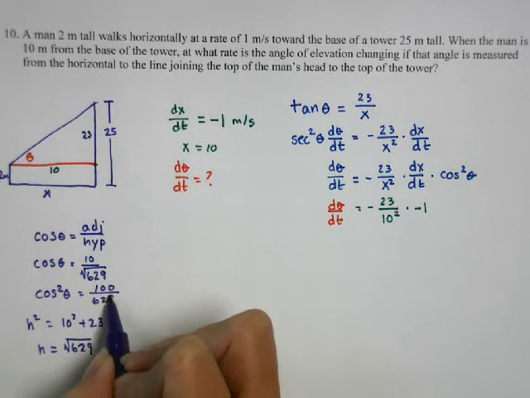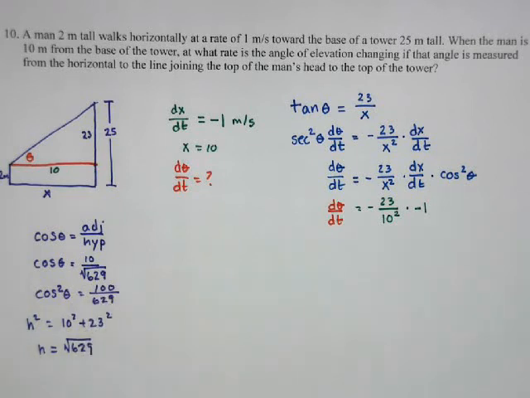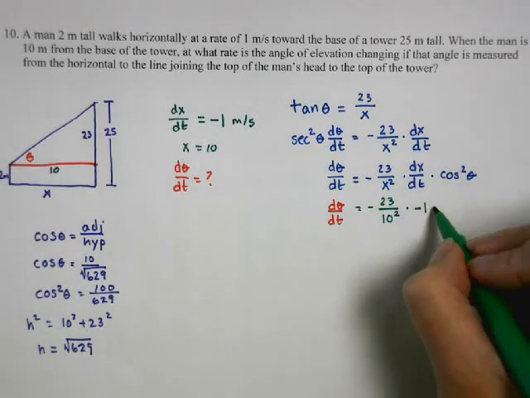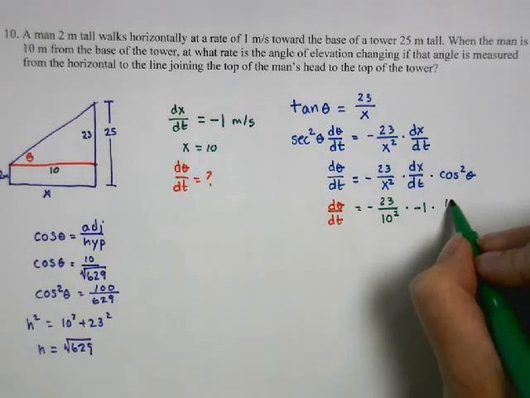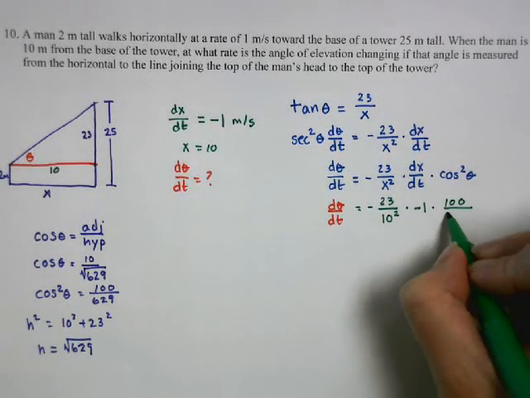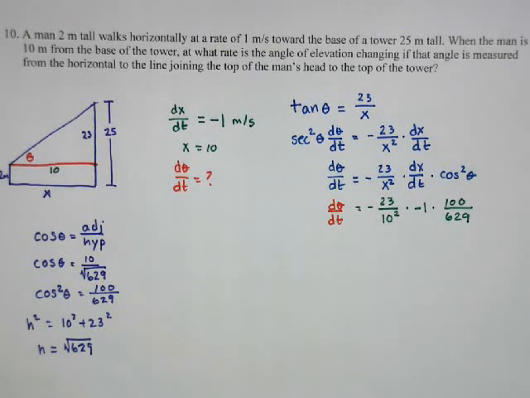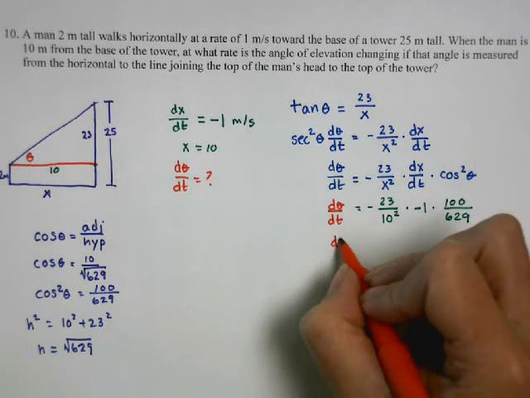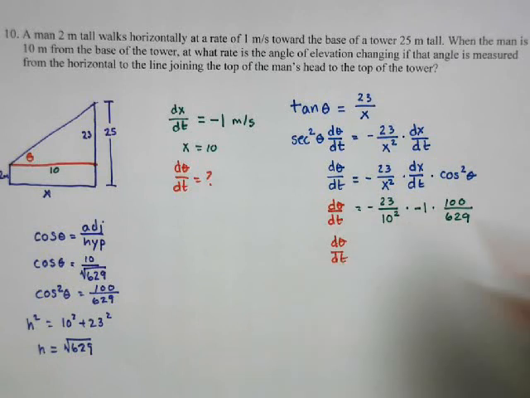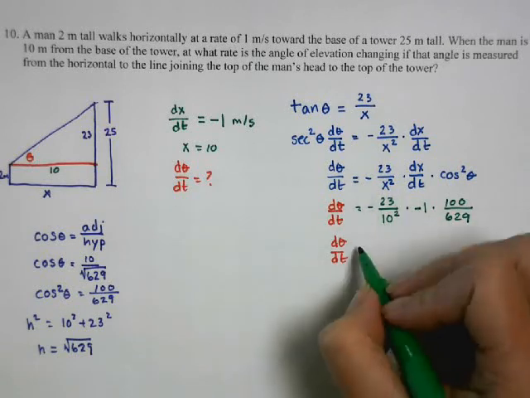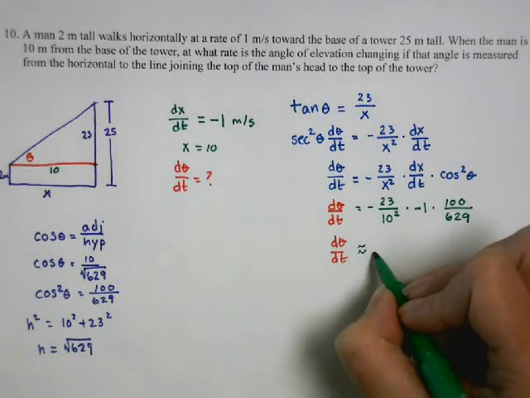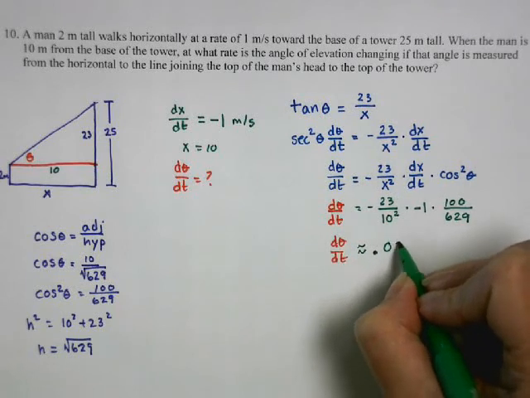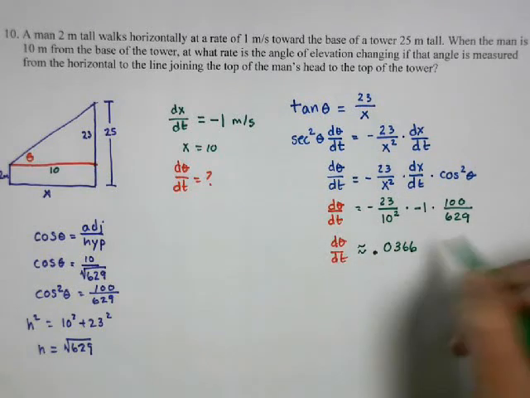So cosine squared is 100 over 629, and then we multiply all that through. Okay, so when you use the calculator, you get 0.0366. Now this is d theta/dt, so we need the units for theta over the time units.